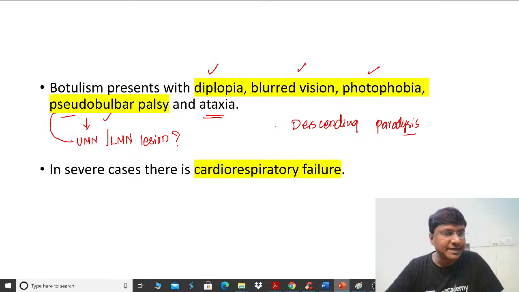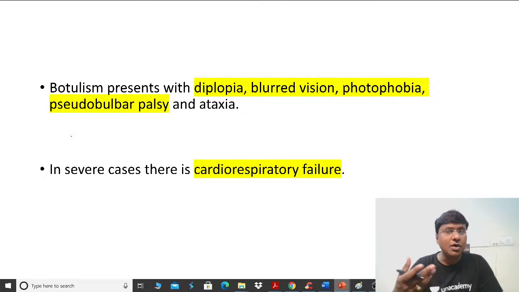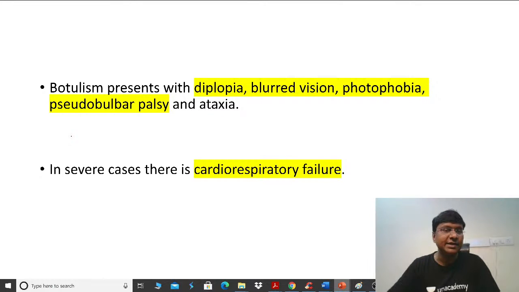Pseudobulbar palsy is an upper motor neuron lesion, so all the reflexes get exaggerated, and the tongue is a tight, spastic tongue. Whereas bulbar palsy is a lower motor neuron lesion.